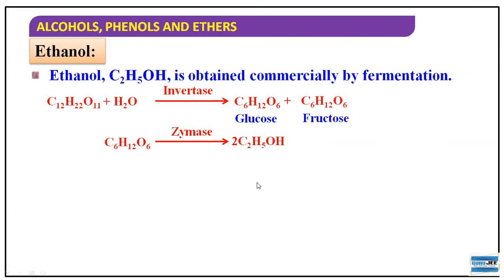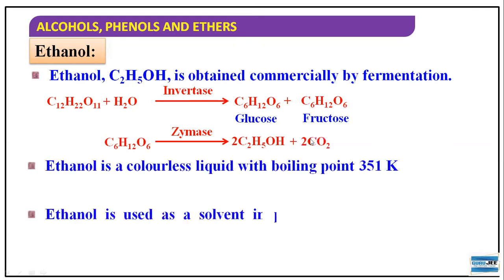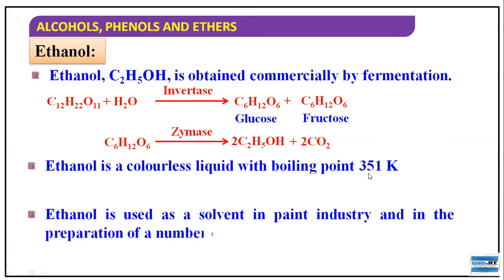So whatever this wine making or breweries, all those breweries, distilleries, whatever it is, the principle is this. Ma'am, in the second step, is it fructose that is being used or glucose? It is from glucose.